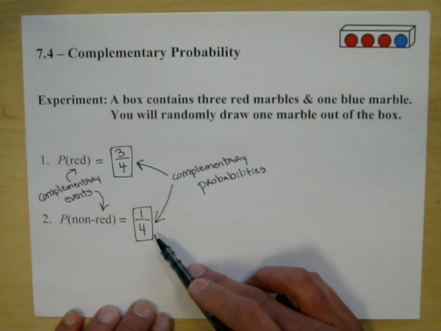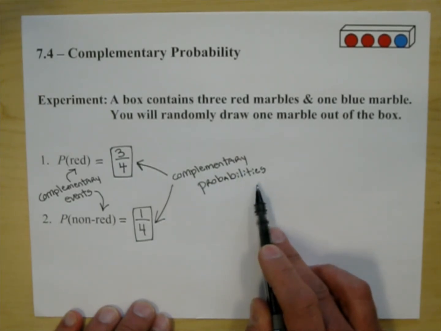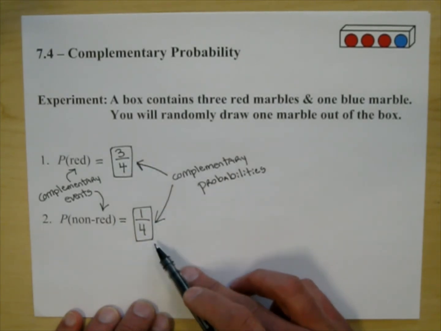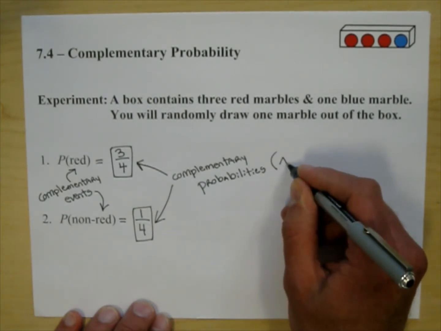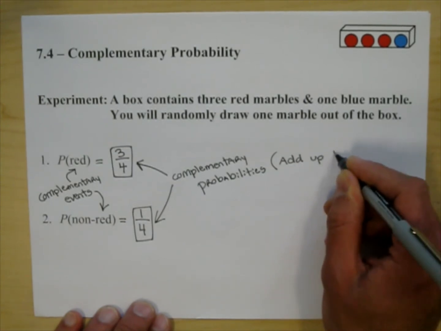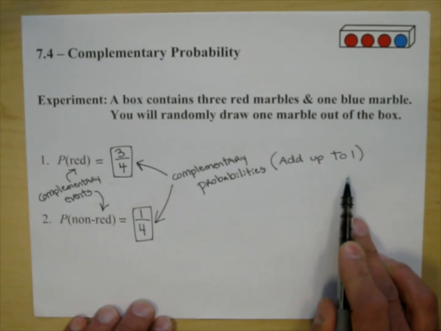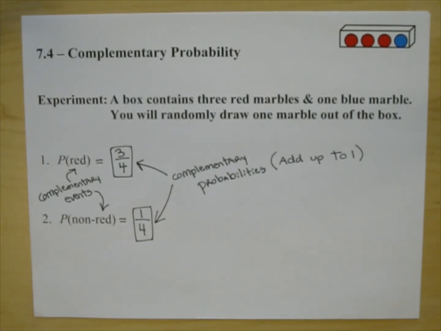The property is that complementary probabilities will always add up to 1. 3/4 plus 1/4 equals 4/4, which is 1. So complementary probabilities add up to 1. And that's one thing that we've got to remember. And that will help us do some problems that are very complicated.